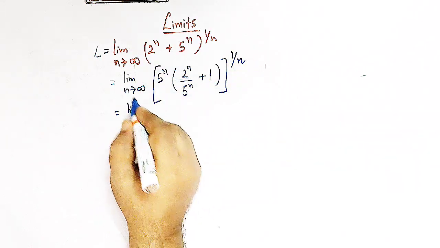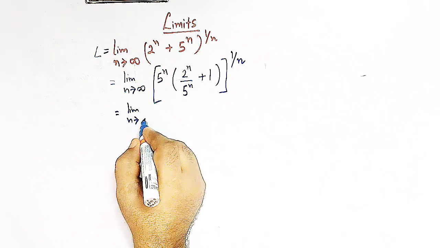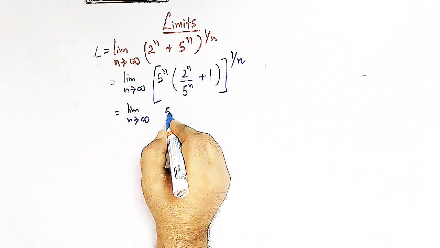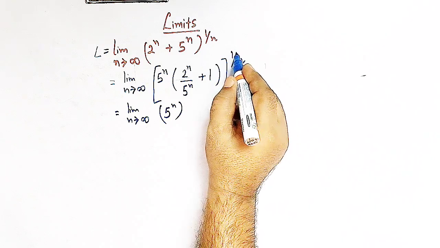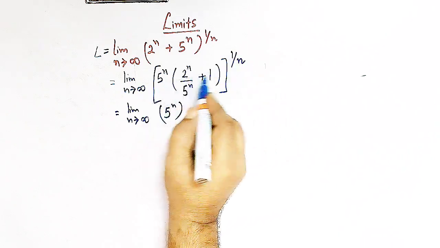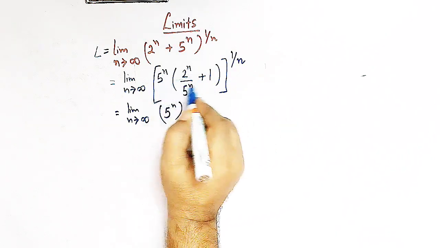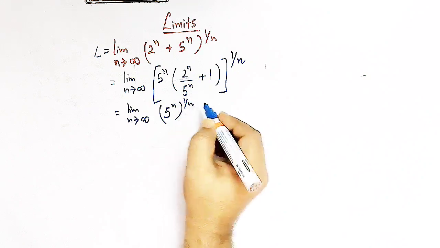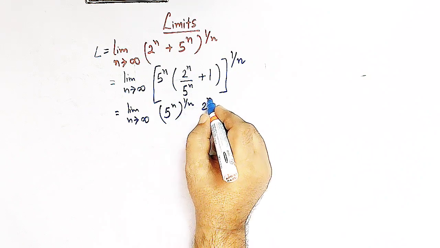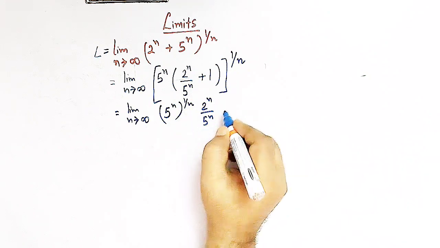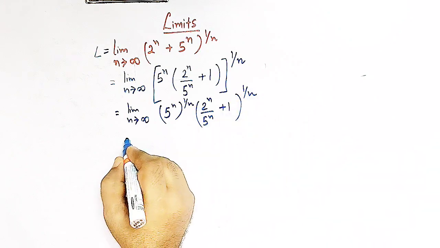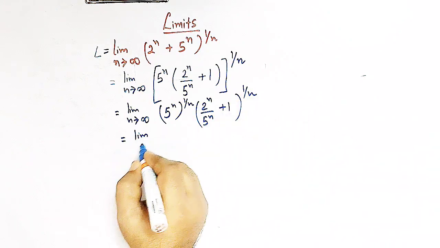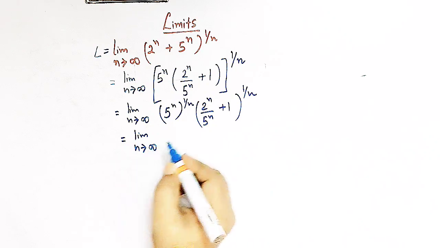Now this 1/n may be distributed over these two terms. So we have (5^n)^(1/n) times (2^n/5^n + 1)^(1/n).